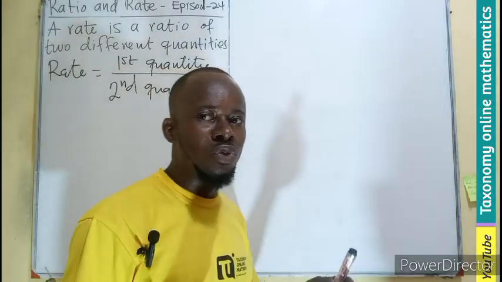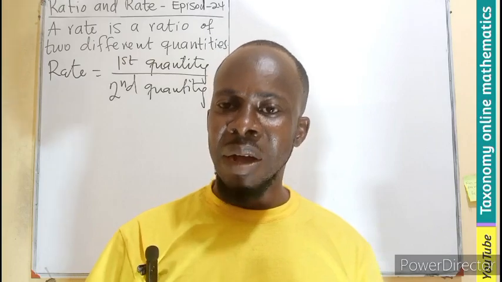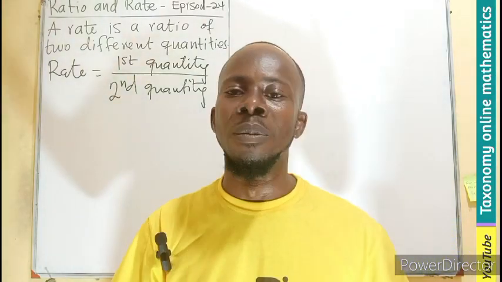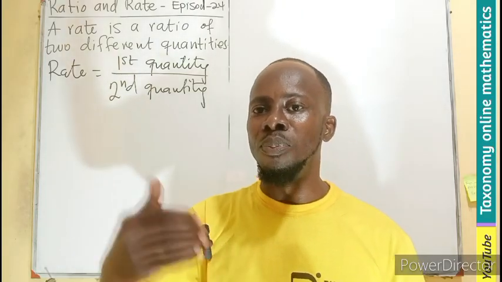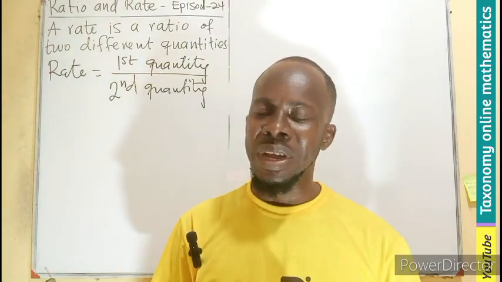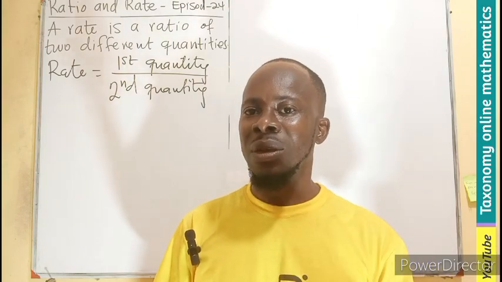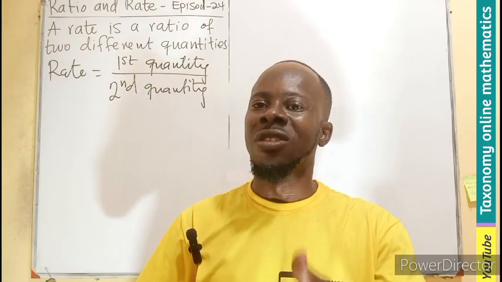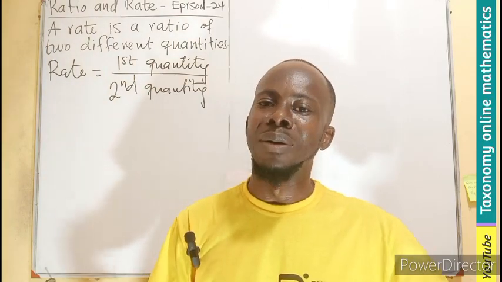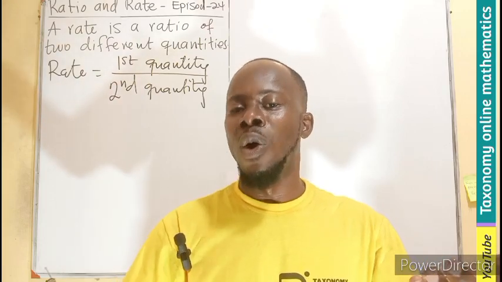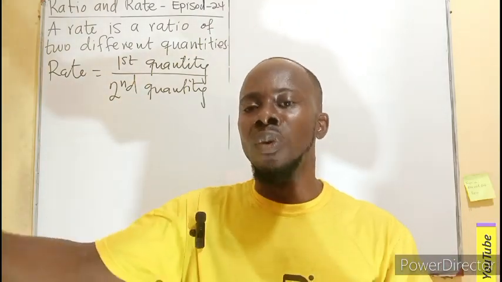So if you are comparing two quantities, for example, the consumption of electricity at home, it is being consumed per day or per hour. We can have 40 kilowatts per hour or 40 kilowatts per day. That is the consumption rate. So we are comparing the amount of power that is being consumed to the hour or to the day, even to the week.